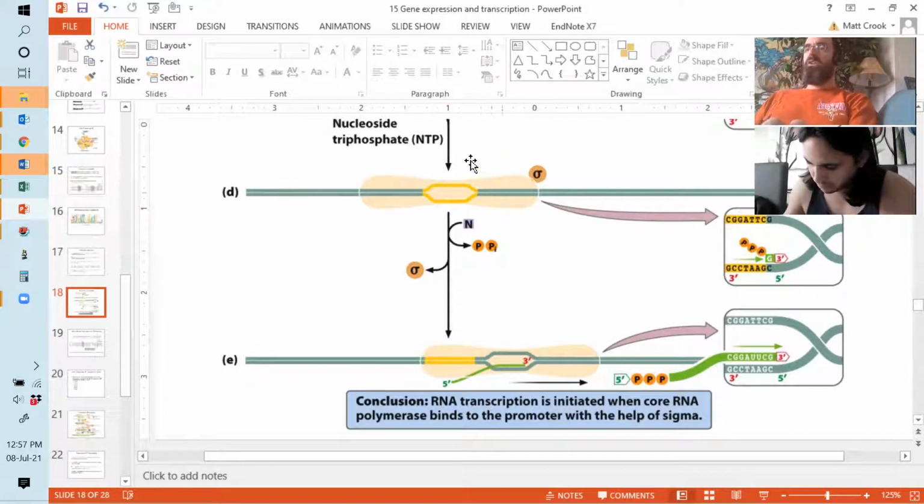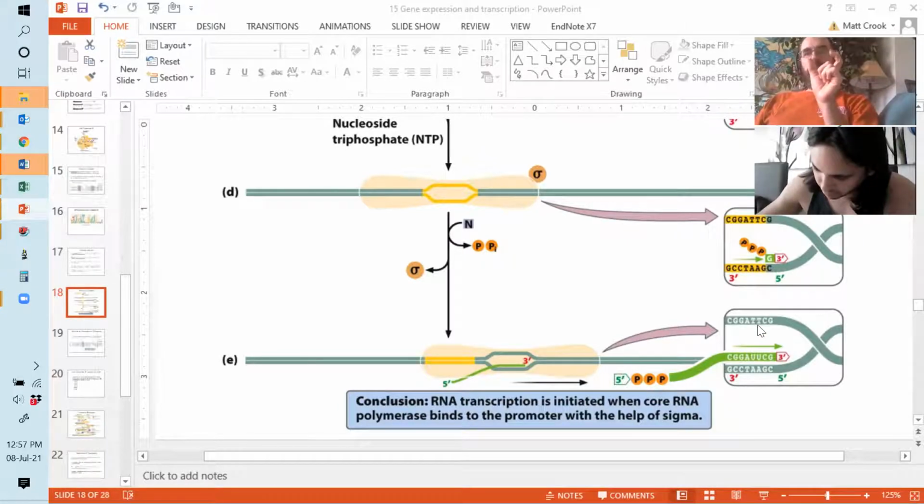Right, so that region is popped open, nucleotides come in, and RNA polymerase synthesizes the new strand of RNA, which you can see here. And it will proceed along the DNA, taking that little bubble with it, so you can actually see it's moved from the promoter into the coding part of the gene itself.